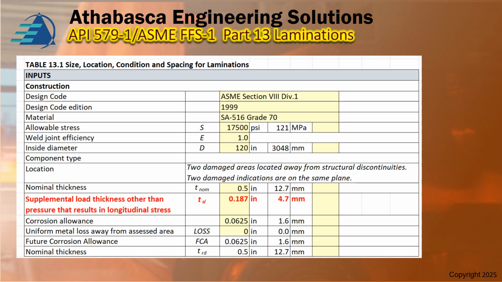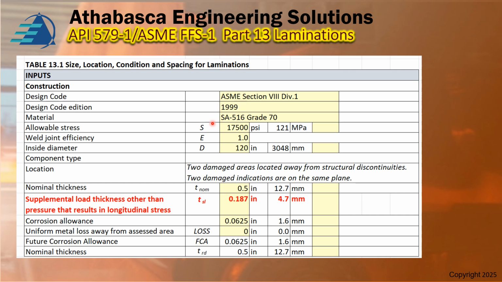Again, we go to table 13.1, which is found within part 13. And then we go through all the different parts here and we fill in all the boxes to make sure that we haven't missed anything. So the first thing is we've added the obvious stuff, the ASME Section 8 Division 1, the design code that we're working to.